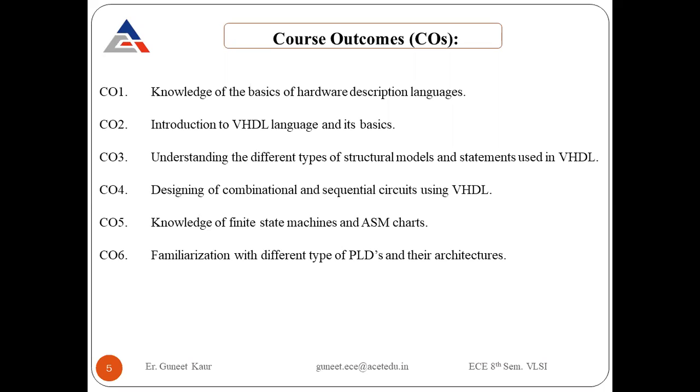Then description means the language which is based upon the knowledge of hardware of some system, that is hardware description language. In short form, it is known as HDL. H for hardware, D for description, L for language.